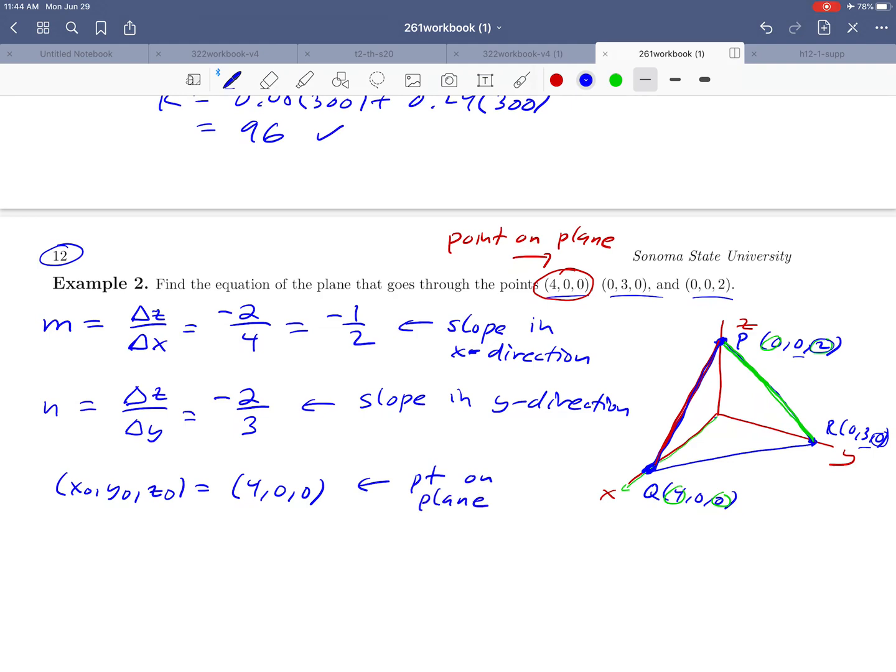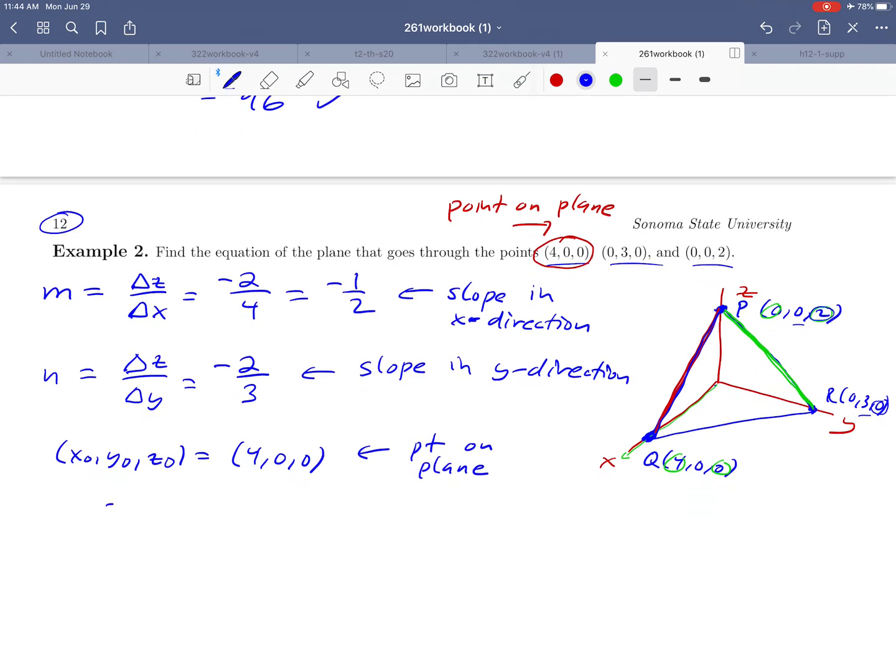And we're ready to write the formula for the equation of the plane. Again, it looks like z equals z naught, going from the previous page. Remember, these are just x naught, y naught, and z naught that we're looking at.